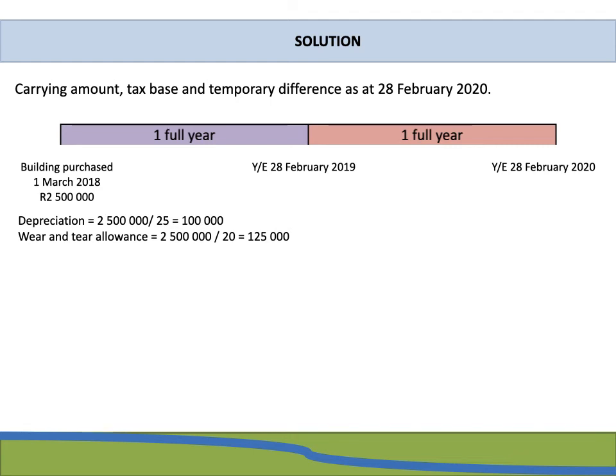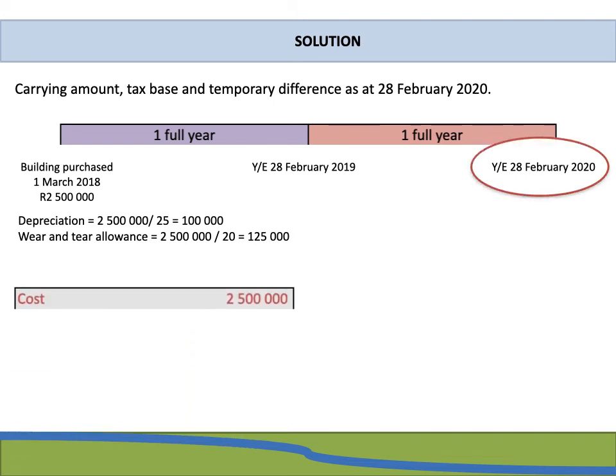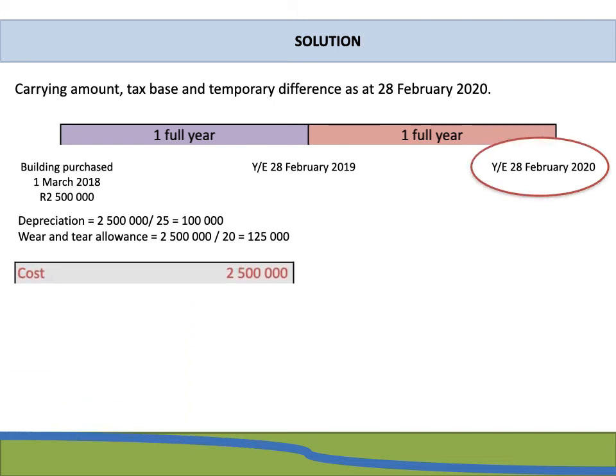Okay. So now if we calculate our carrying amount, we start off with a cost of 2.5 million Rand. Now we need to take into account the depreciation. But we have to take into account 2 years of depreciation because we are looking for the year end at 28 February 2020.